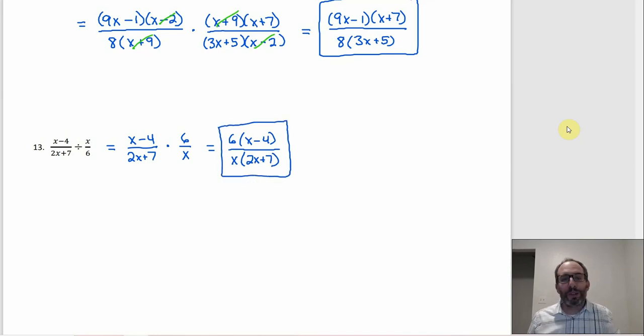So this one almost feels like it's wrong because we didn't cancel anything. On these other problems, we've been canceling things out willy-nilly. But sometimes nothing works. The problems in this section are geared toward ones where you can cancel stuff, because that's one of the skills you're supposed to develop in this section: getting used to that and looking to see where you can cancel.